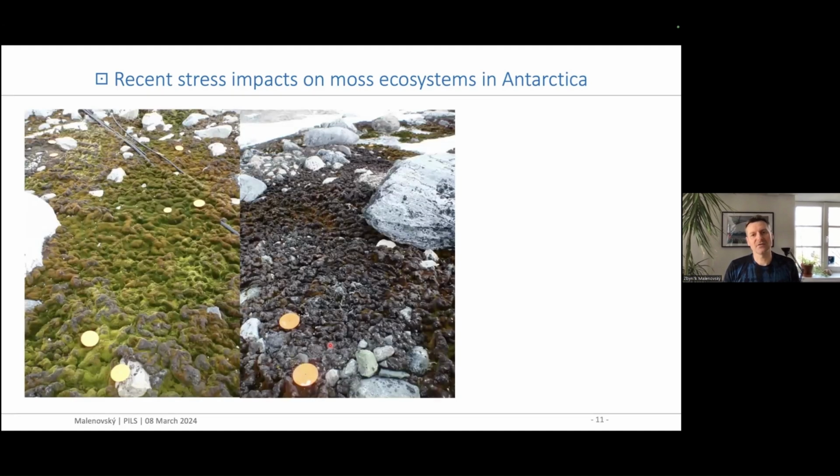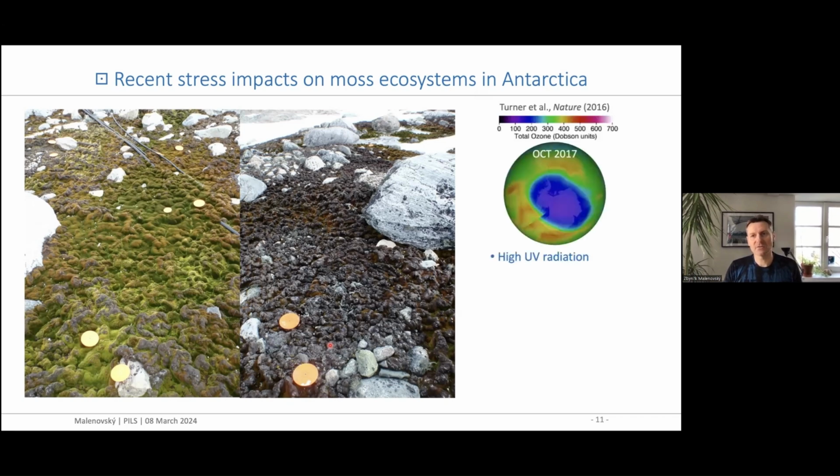But in the past few decades, the last 20 years, there is a steep stress impact on those moss beds, which are then turning into a so-called moribund, dormant status, and they don't provide all the expected ecosystem functions for the Antarctic ecosystems.